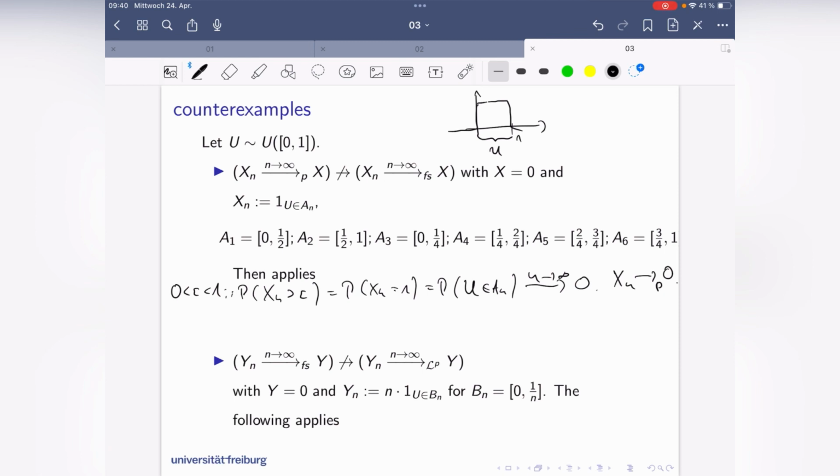On the other hand, let's look at almost sure convergence. So for almost sure convergence, we would have to have that the probability that xn converges to 0 equals 1.